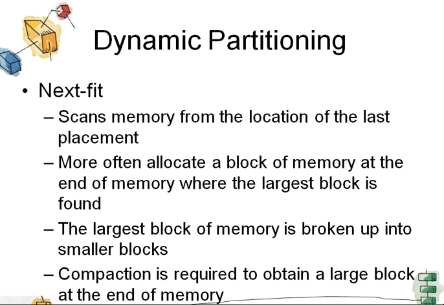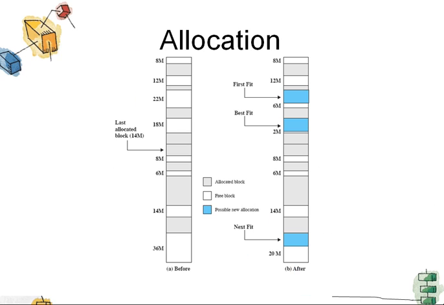So here you will find the largest block of memory. So it will allocate the process from this available block of free memory, which is broken up into smaller blocks for allocation. Now compaction is required to obtain a large block at the end of the memory again.